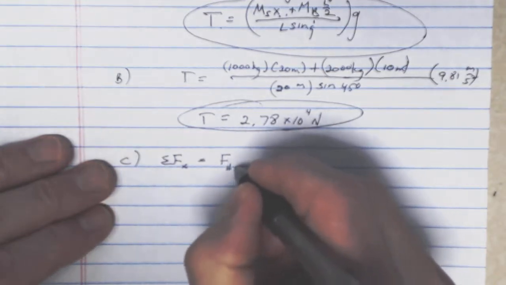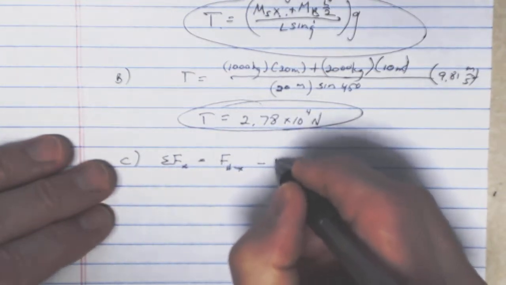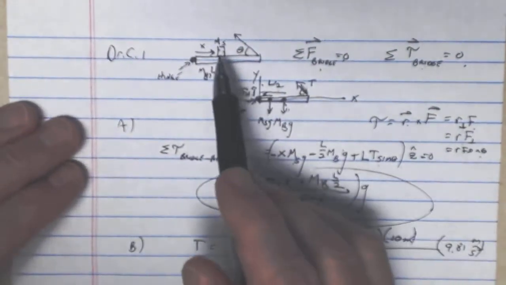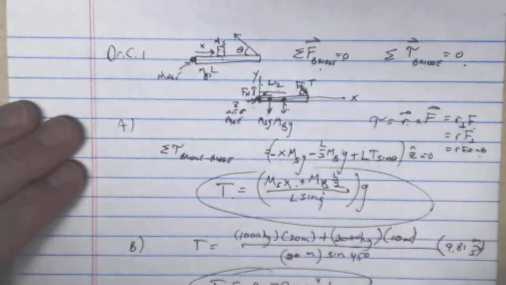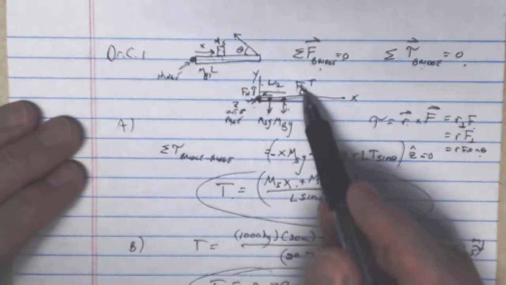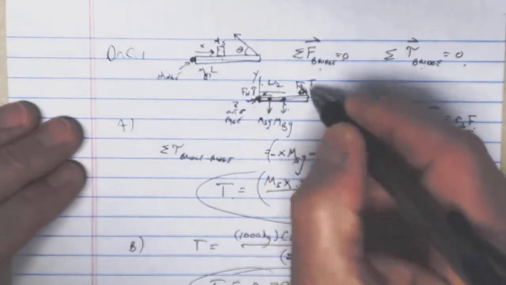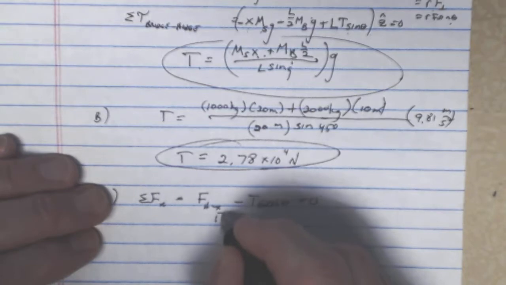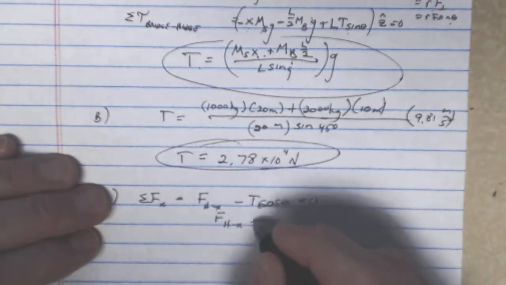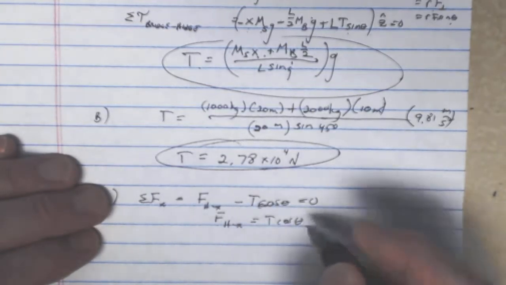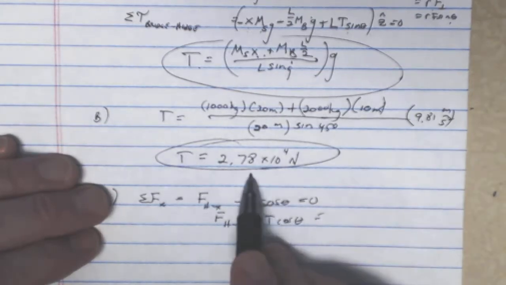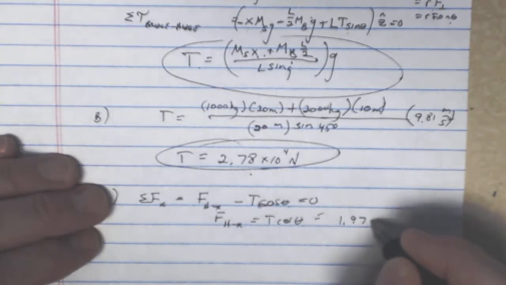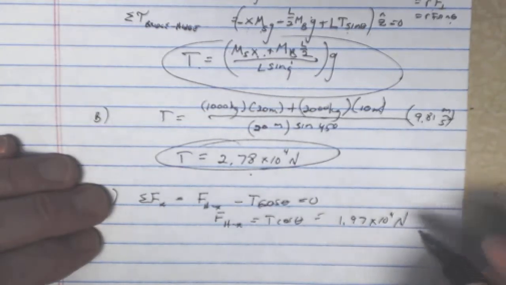So the force of the hinge's x component minus T cosine theta, assuming the force of the hinge is positive in x. The x component of the tension is T cosine theta, where this is theta here. Those have to sum to 0. So I can solve this quickly for H. The force of the hinge in the x direction is just T cosine theta. So just plug in the value for T that we've got here, and theta equals 45 degrees, and you find 1.97 times 10 to the 4th newtons.